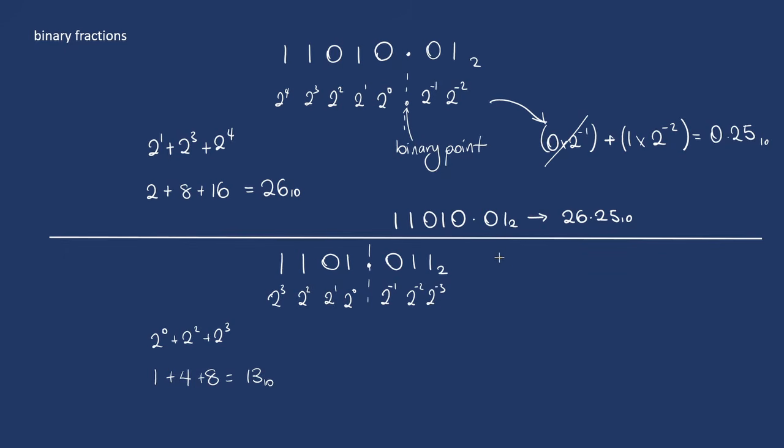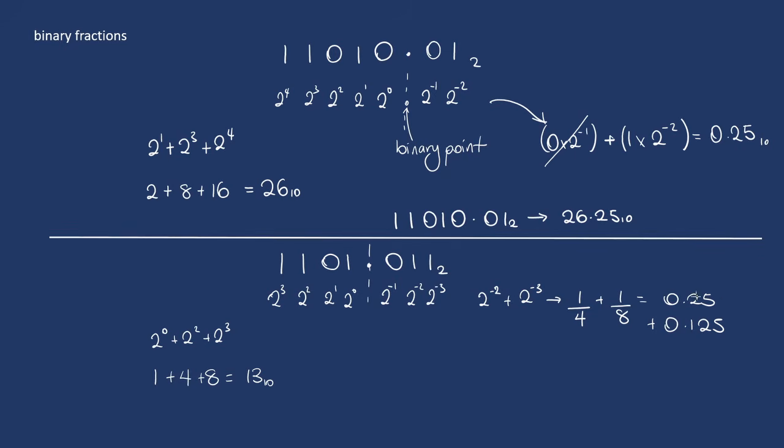Adding the fractional parts, that's going to be 2 raised to the power negative 2 plus 2 raised to the power negative 3, which is 1 over 4 plus 1 over 8. That's looking like 0.25 plus 0.125.